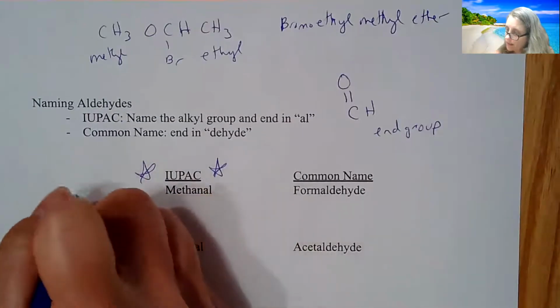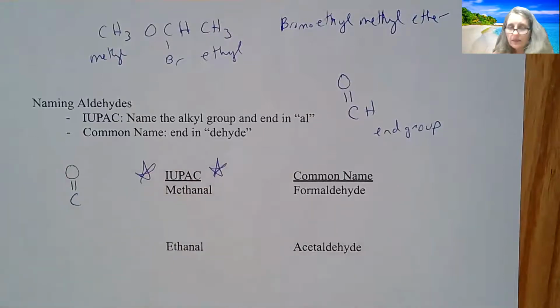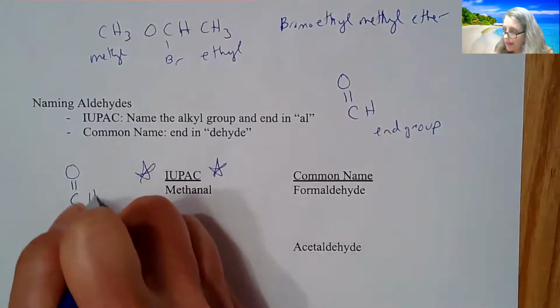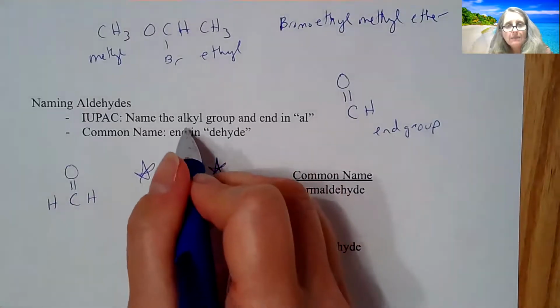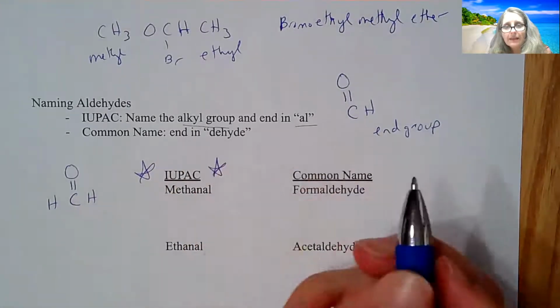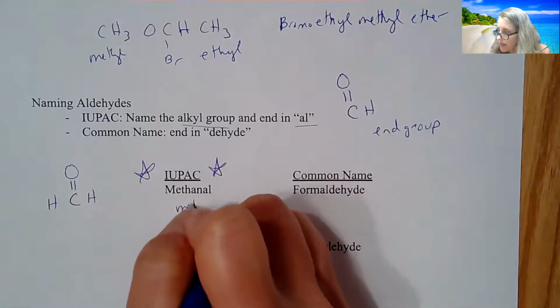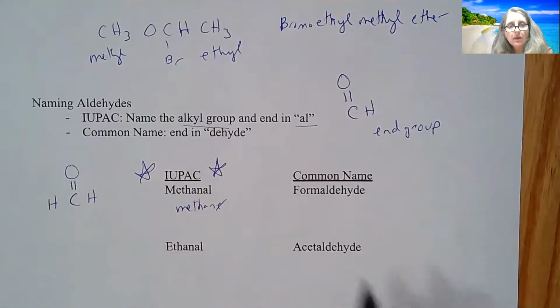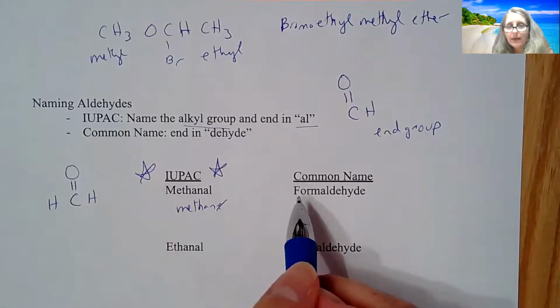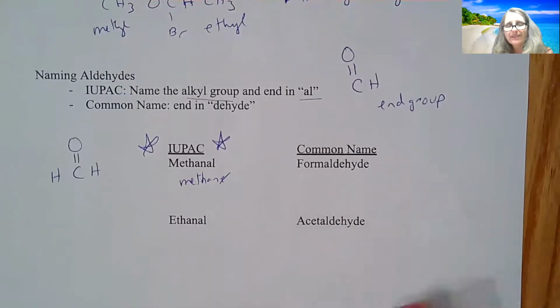So the simplest aldehyde is a C double bond O, H, and then you have another H. So it's called methanal. So you're going to name the alkyl group and then end it in al. So you're going to call it methane, drop the E and put an al at the end, okay? Now the common name is called formaldehyde. Again, that would require a lot of memorization, so we're not going to do that.